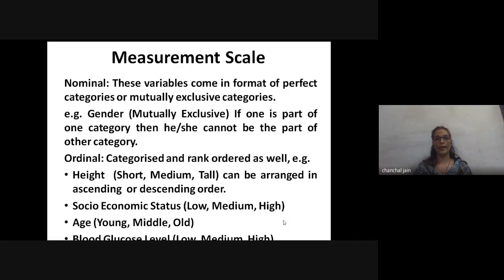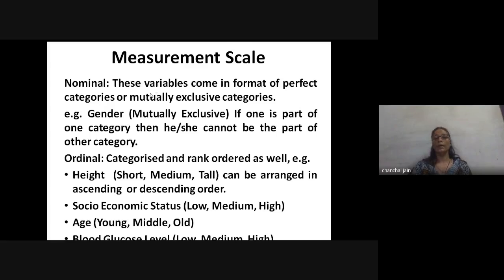Suppose, being a female, I will be part of the female category. Mutually exclusive means I cannot be part of the male category. So the nominal scale gives you the chance to only categorize the variable. It has only one characteristic or feature.